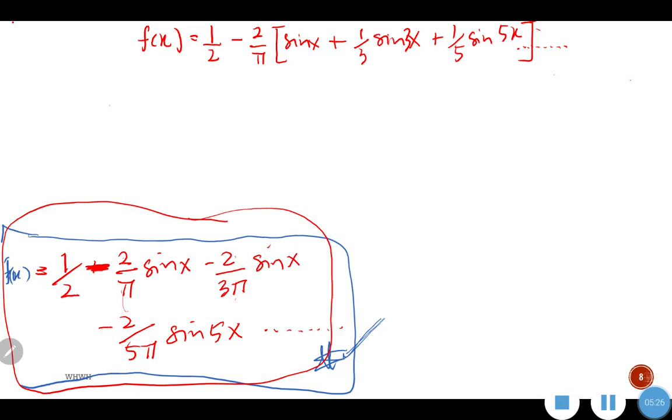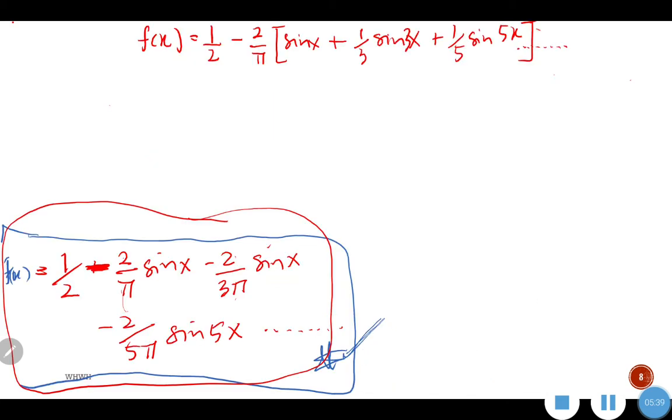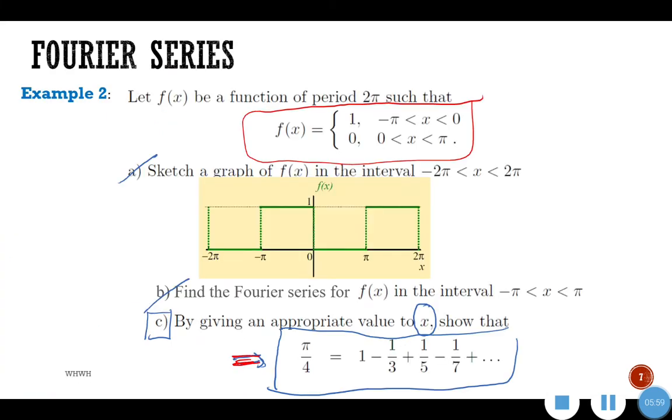It will never end. Alright, so soalan tadi, the questions, you look, dia suruh kita make a guess to find the value of x that will make our series become equals to pi over 4 sama dengan 1 tolak 1/3 tambah 1/5 tolak 1/7 and so on and so forth.